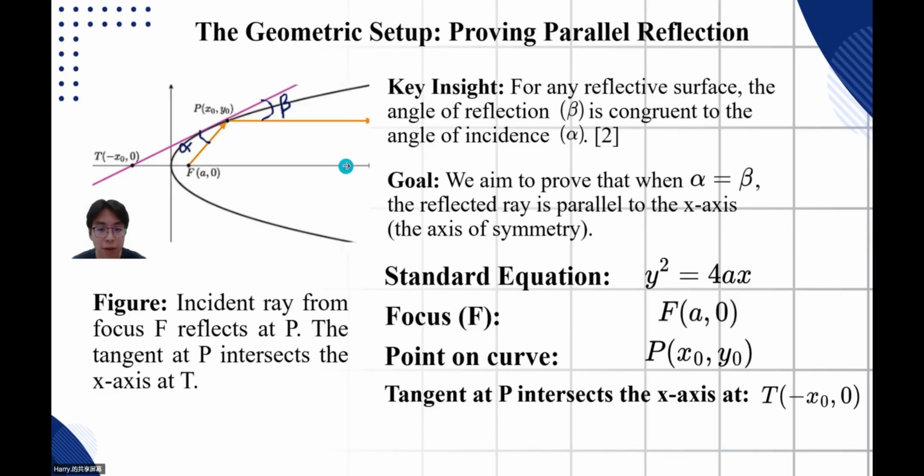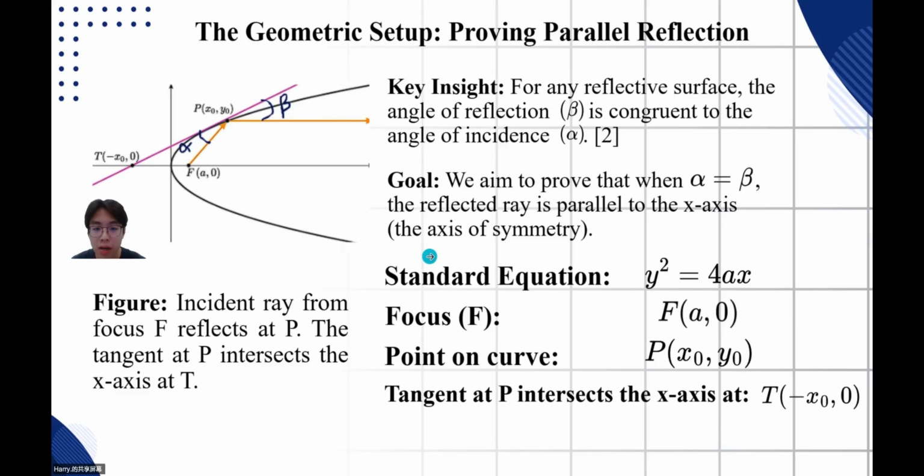To do this, we use the law of reflection. For any reflective surface, the angle of reflection beta is congruent to the angle of incidence alpha. Our goal is to prove that when alpha equals beta, the reflected ray is parallel to the x-axis. The x-axis is the axis of symmetry.